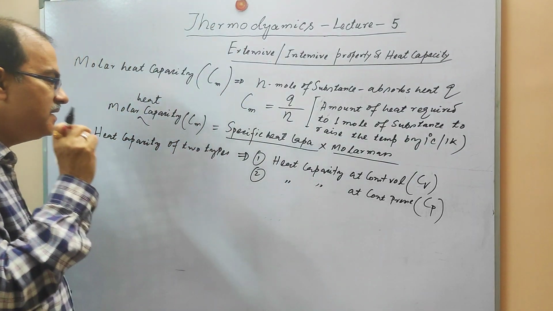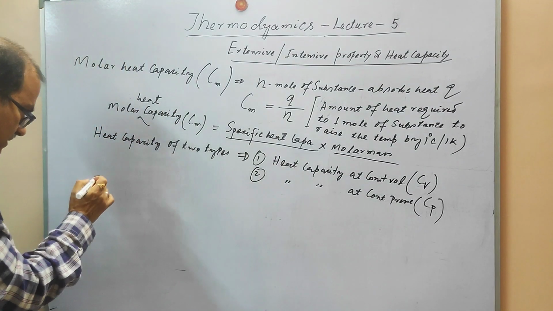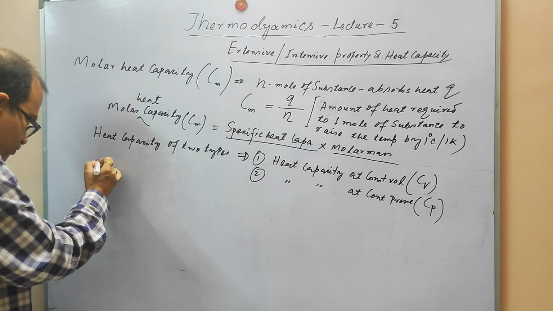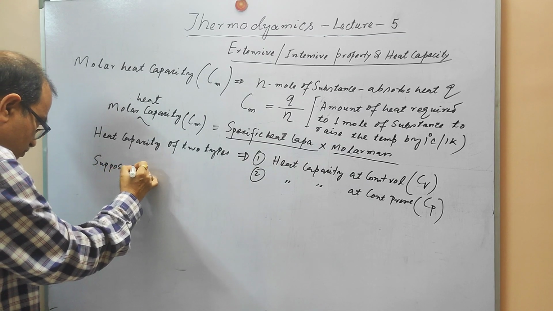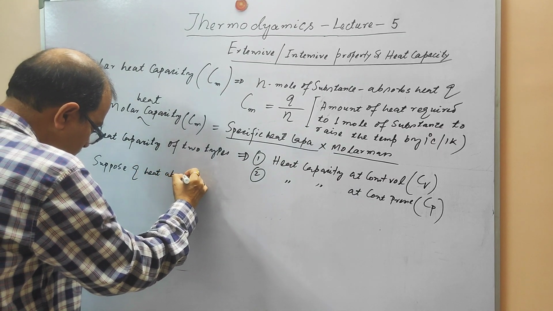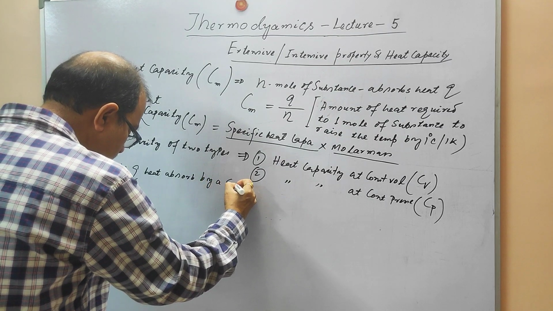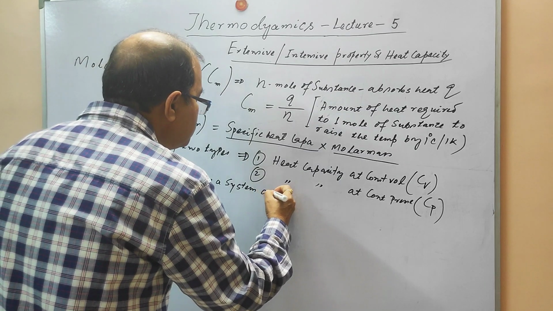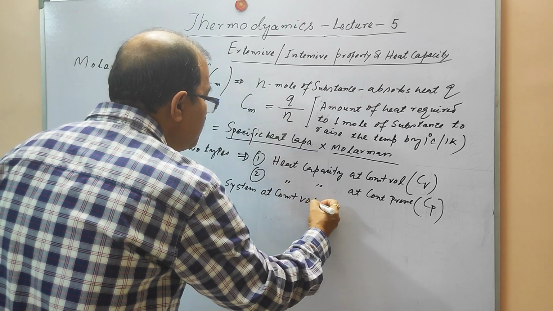Now, what is the relation between these two? That we can understand. Suppose heat Q is absorbed by a system at constant volume.